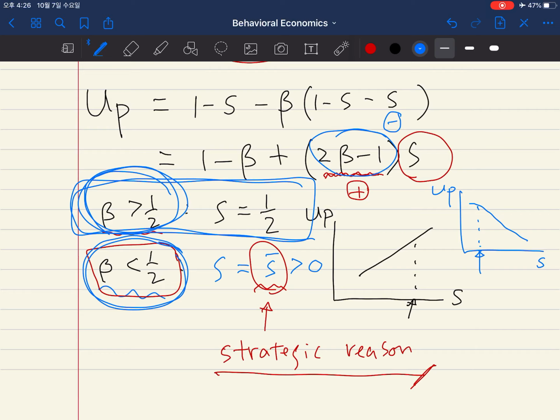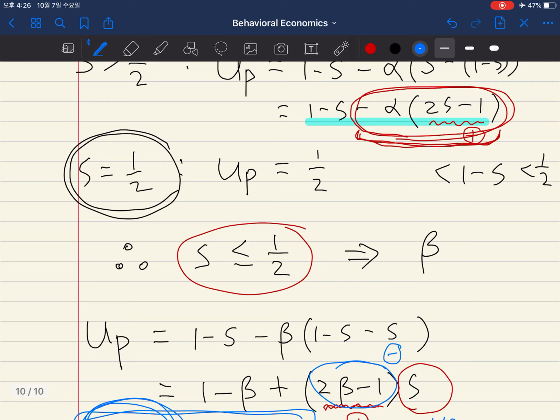And one more comment about this threshold S upper bar.